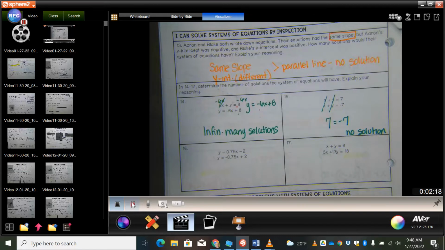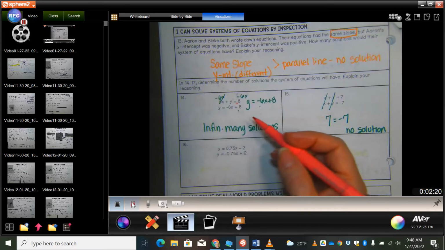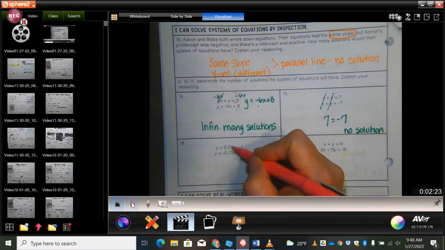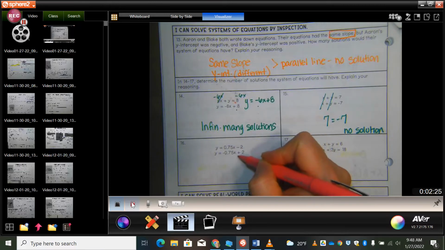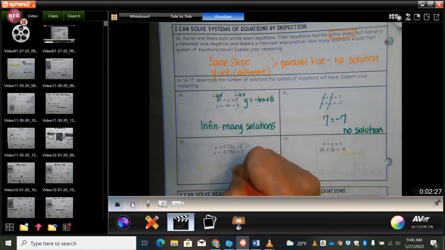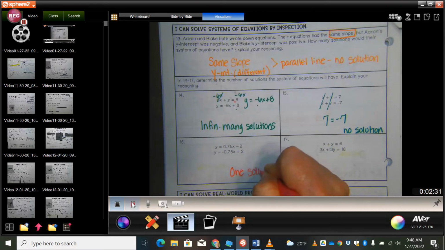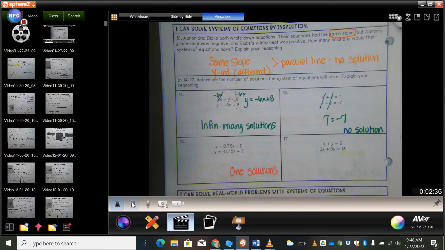All right, in our next one, looking at this right here, they have different slopes, different y-intercepts, so we will just have one solution. Anytime the slopes are different and the y-intercepts are different, you will always have one solution.